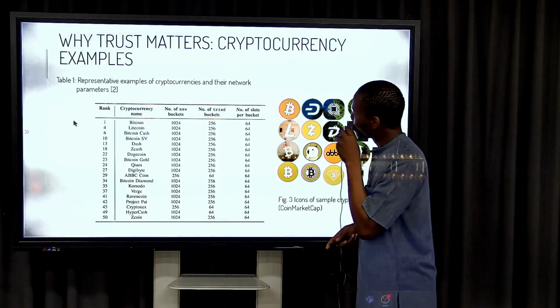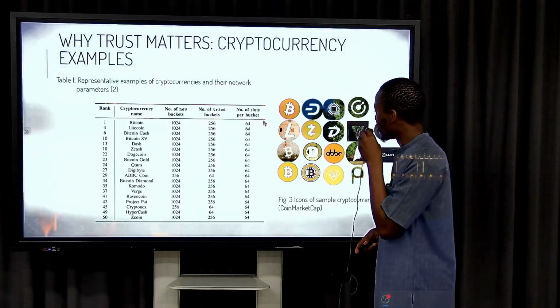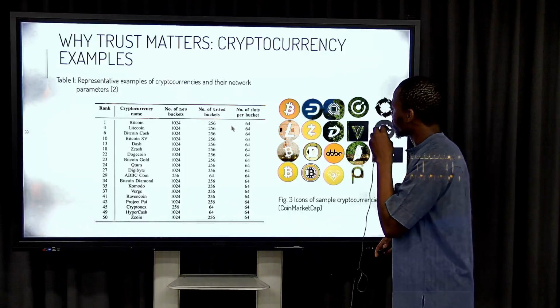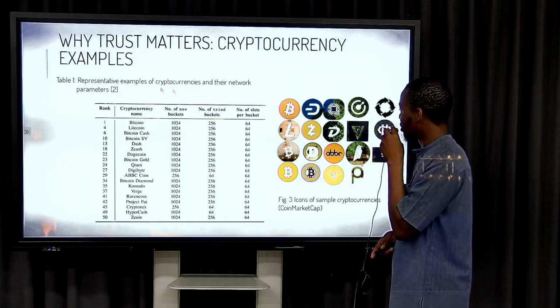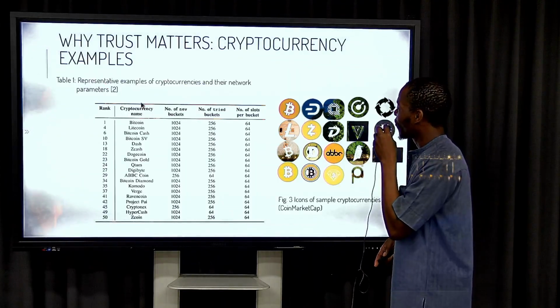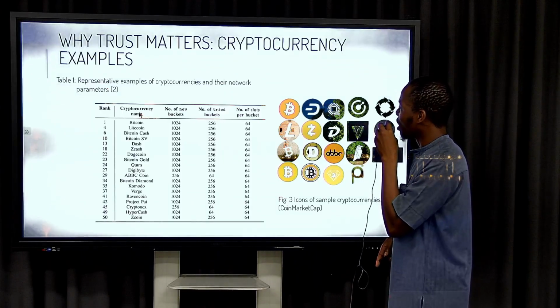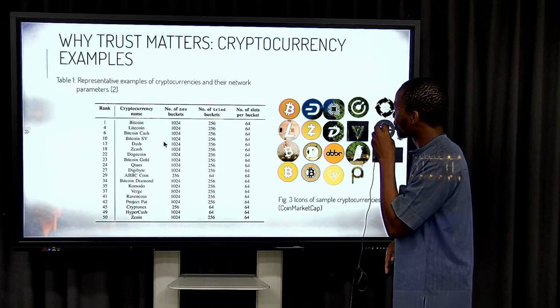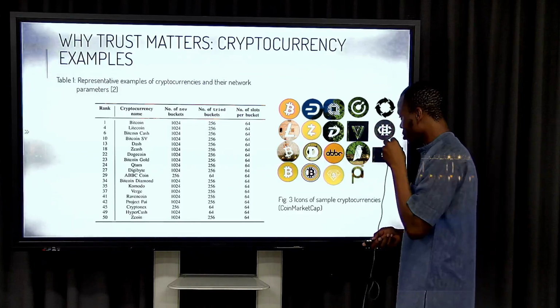So from these cryptos, we have different technical terms like buckets, tried buckets, and slots per bucket. You can see from this research that was conducted, all of them have different rankings, different names, different buckets, different tried buckets, and different slots per bucket.